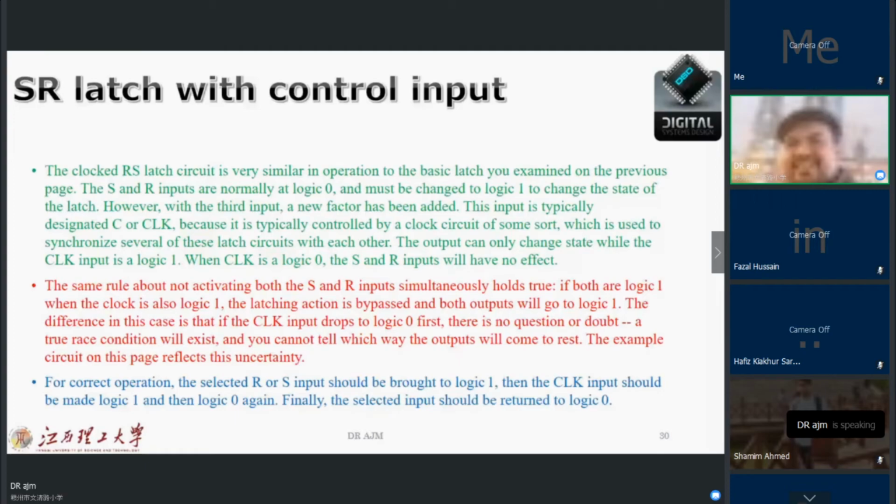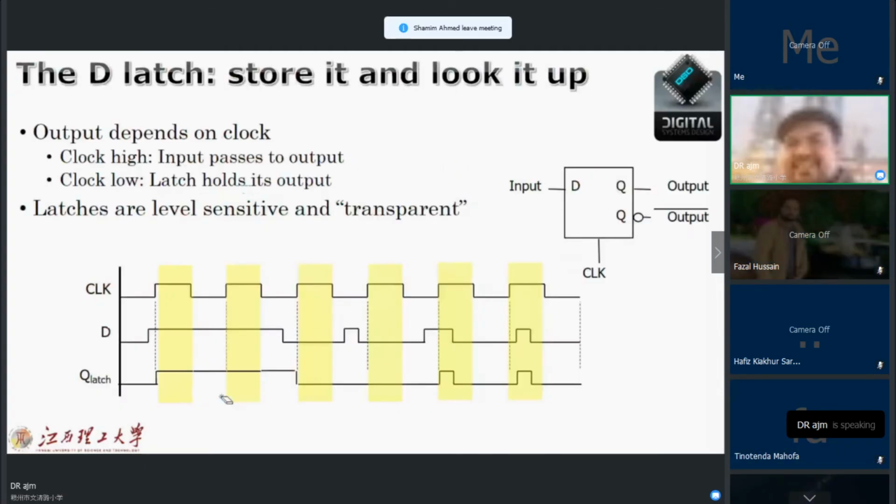After this type of SR, we have another type of latch that we call D. The D latch depends on the clock, and you know that we can have the clock high or the clock low. With the clock high, the input passes to the output, and for the clock low, the latch holds its output.